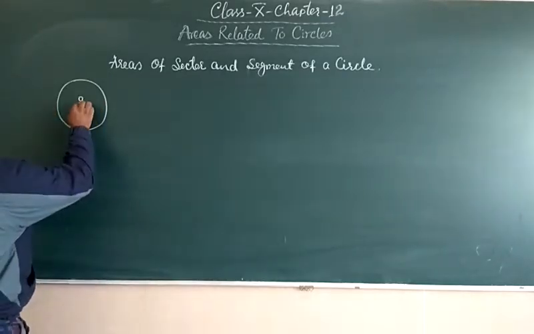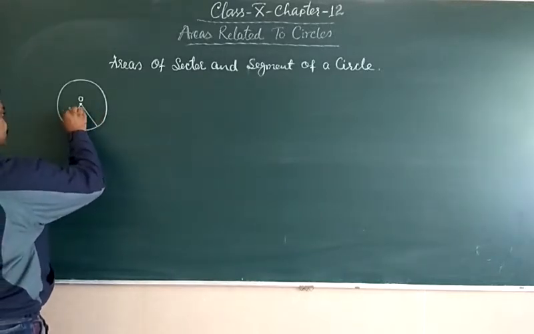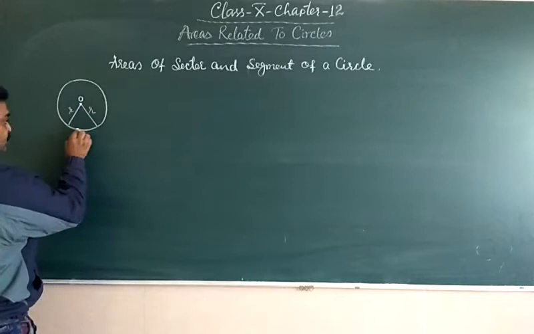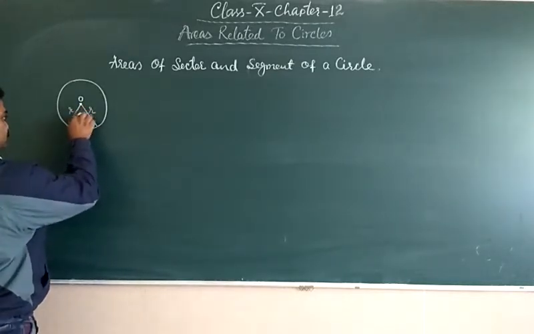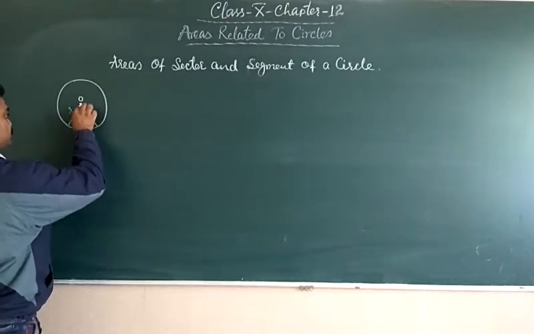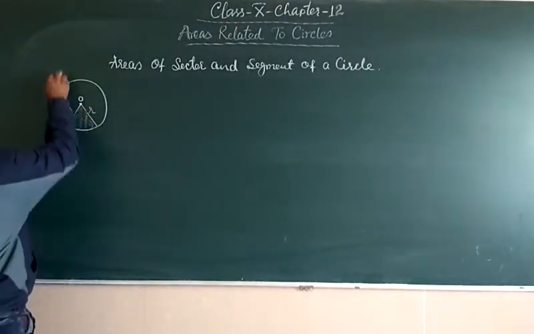Okay. That means these are the two radii and this is the corresponding arc. So this shaded portion is called the sector of a circle.